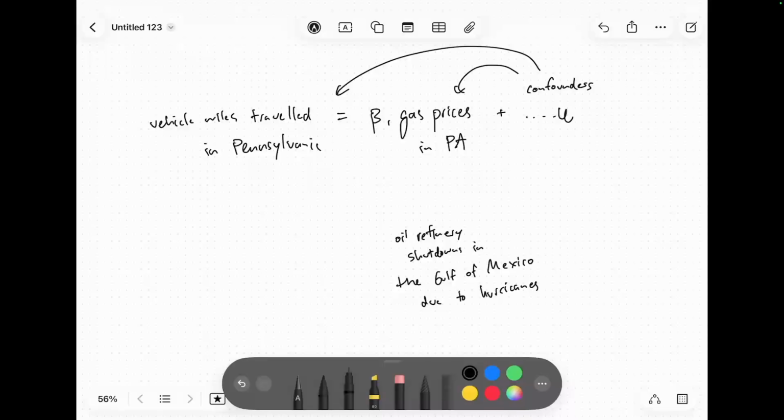The idea is that if a hurricane comes through the Gulf of Mexico and shuts down a bunch of oil refineries, that affects gas prices in Pennsylvania, but plausibly would not affect a lot of these other things in the Pennsylvania region that could be influencing gas prices and travel behavior, right?